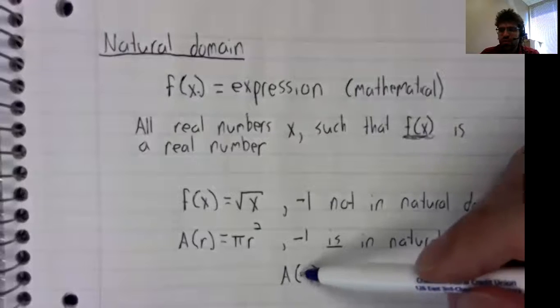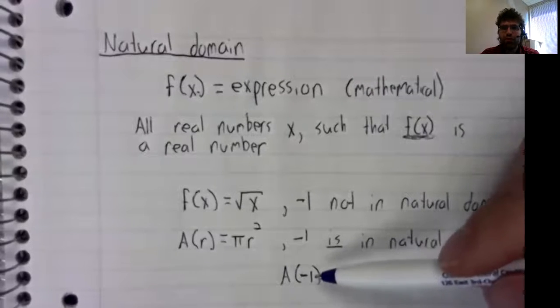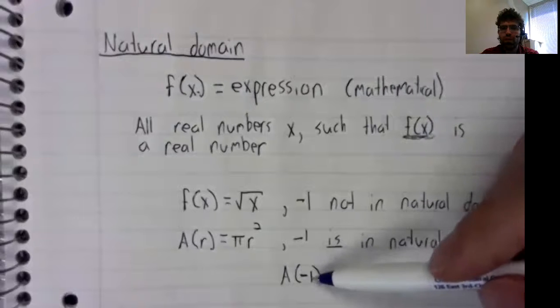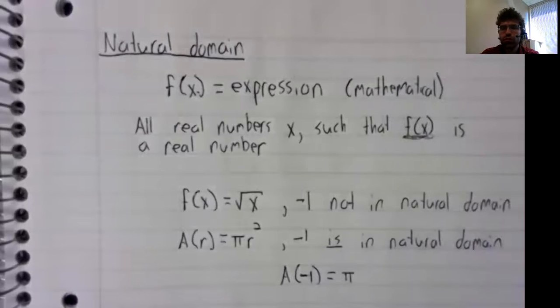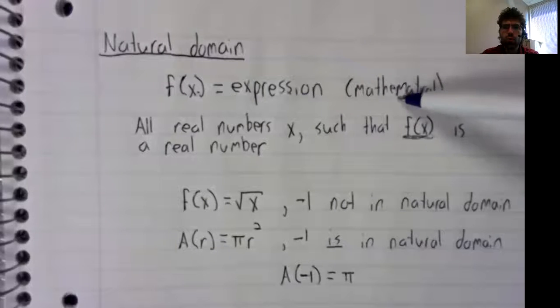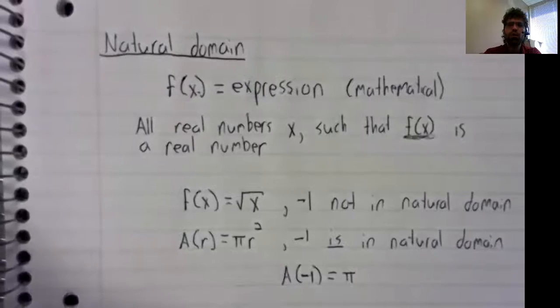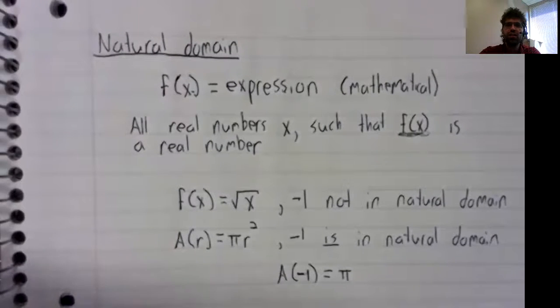The fact that this doesn't make any sense from a real world point of view, the fact that you can't have a negative radius, doesn't affect the natural domain. The natural domain is a purely mathematical definition that doesn't consider real world considerations.